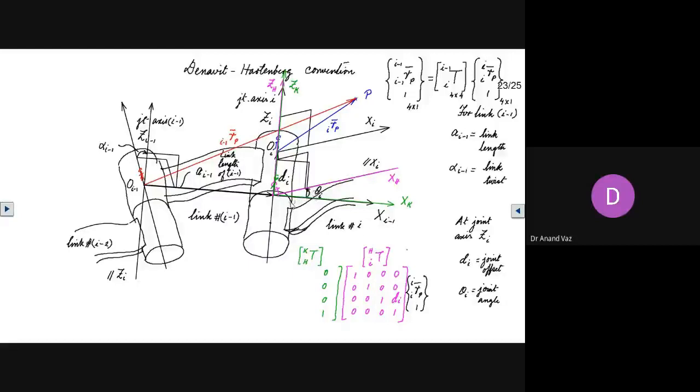We know that it is a pure rotation about the Z axis. So the Z axis will remain unchanged, that is 0, 0, 1. Here there will be a 0.